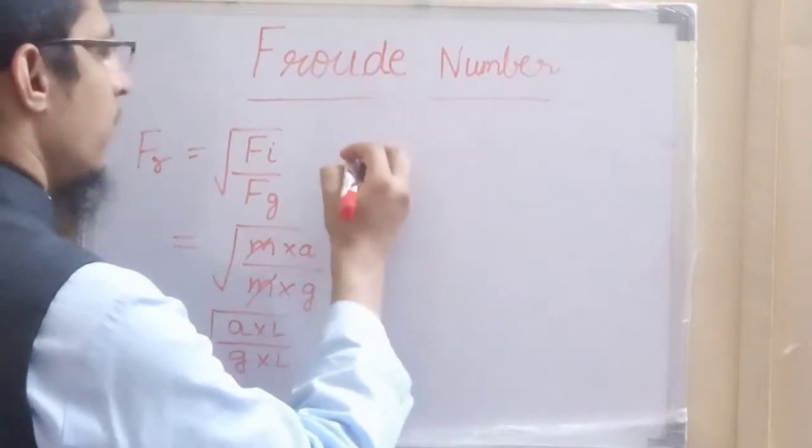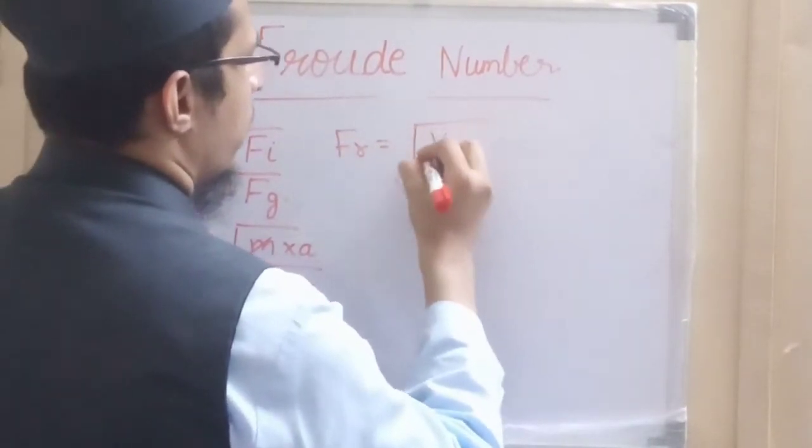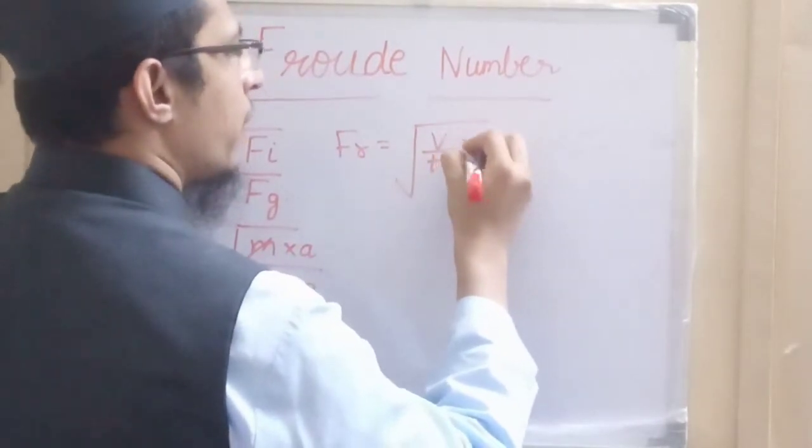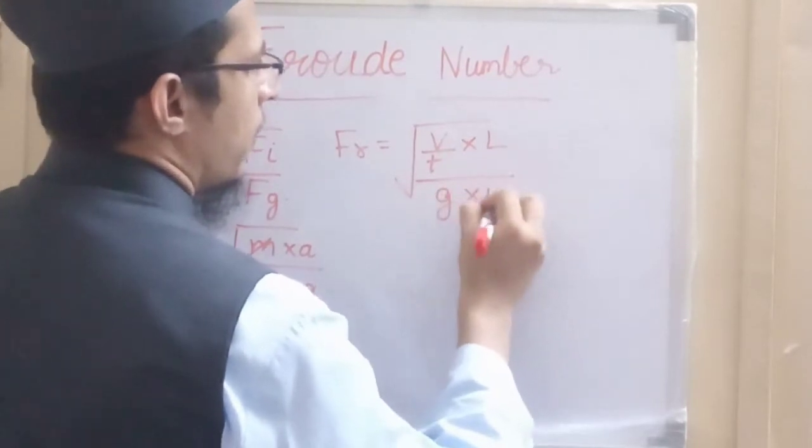Now acceleration is also equal to velocity upon time, rate of change of velocity, and we can write this in this form.